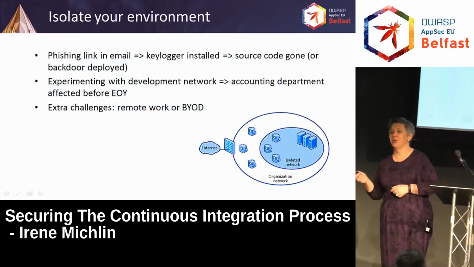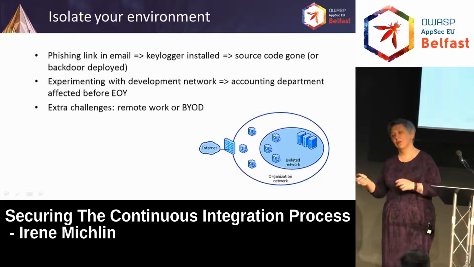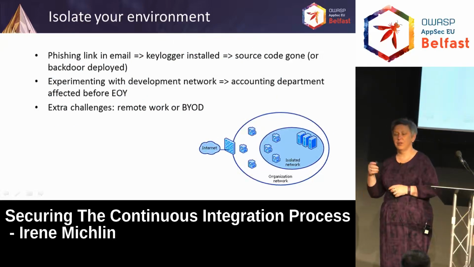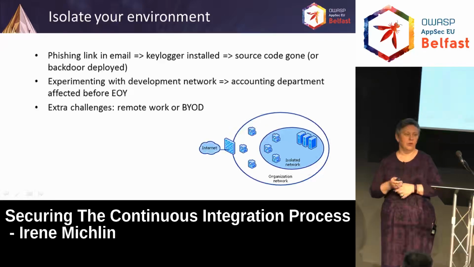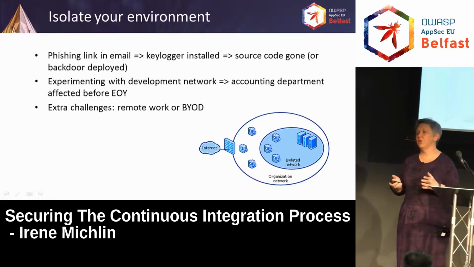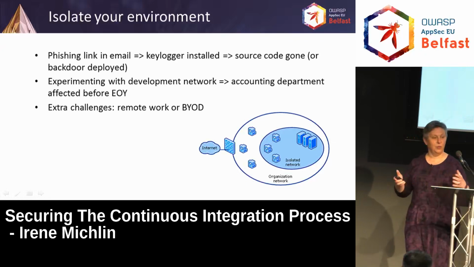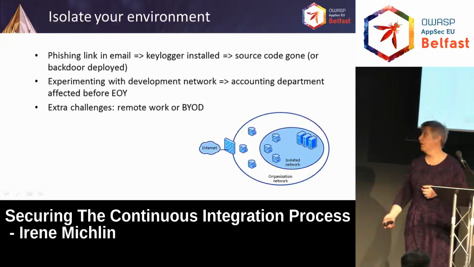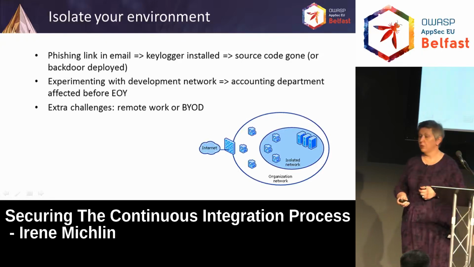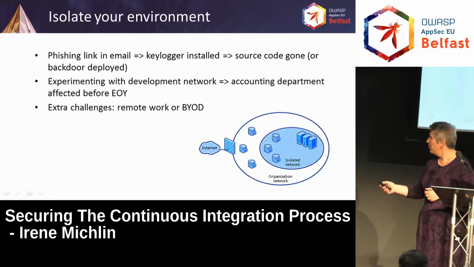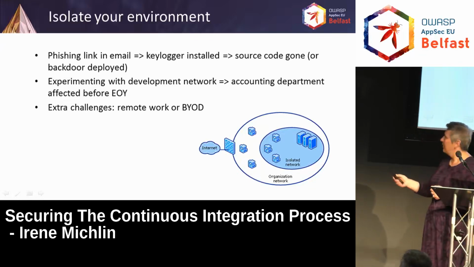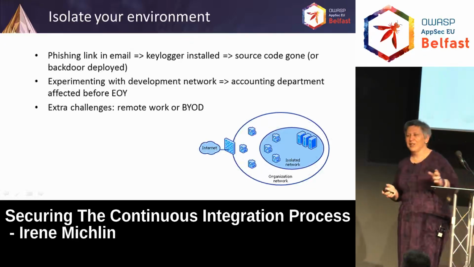The first rule of securing continuous integration: what happens in dev stays in dev. Isolate your environment. Whether people are working on physical machines or virtual machines, it all must be segregated from your main corporate environment. And the reasons are twofold. First, corporate can harm dev.